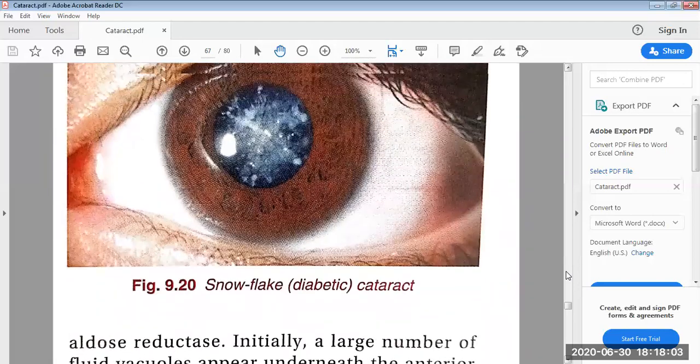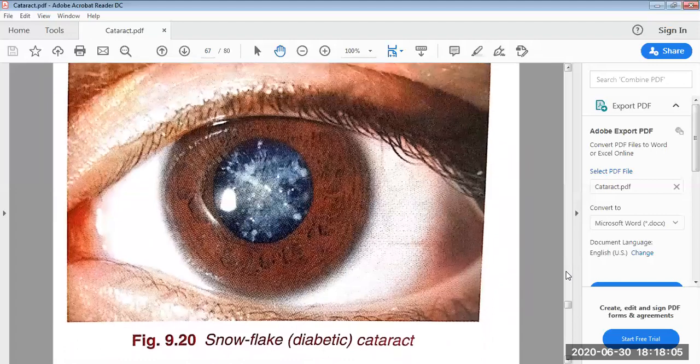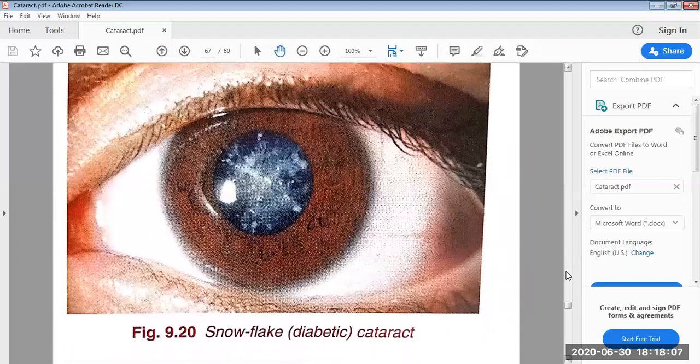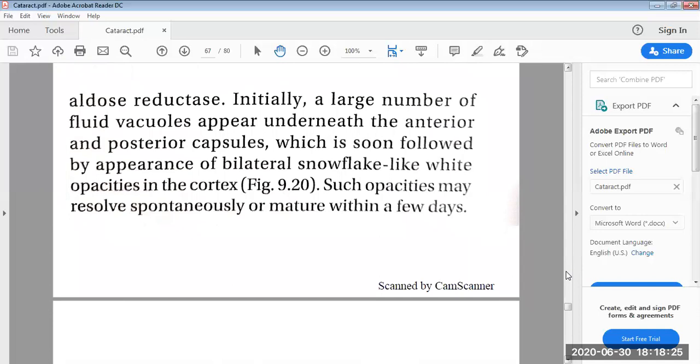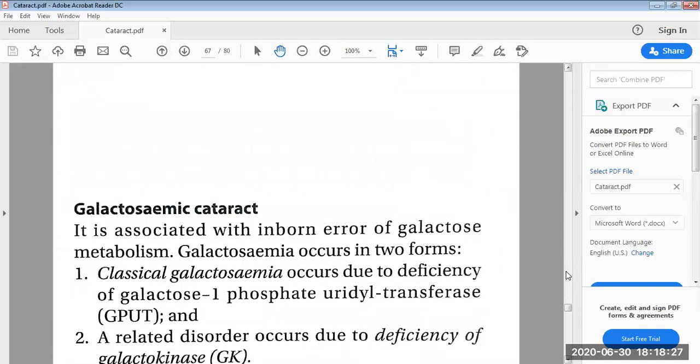Here's an image of the snowflake cataract, which shows the true diabetic cataract. Initially, a large number of fluid vacuoles appear underneath the anterior and posterior capsules, which is soon followed by appearance of bilateral snowflake-like white opacities in the cortex. Such opacities may resolve spontaneously or mature within a few days.